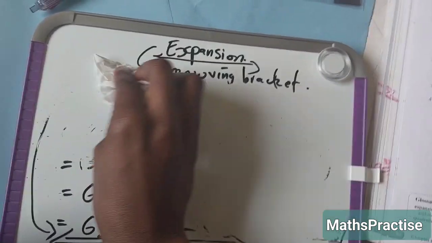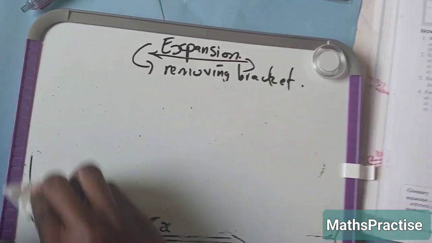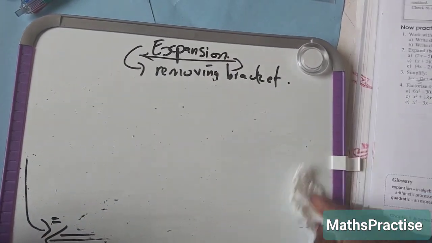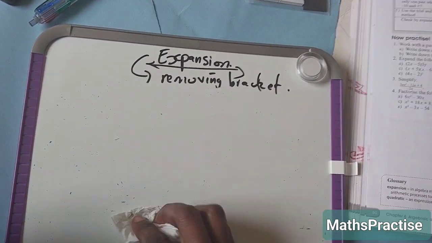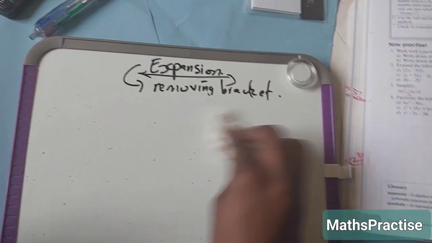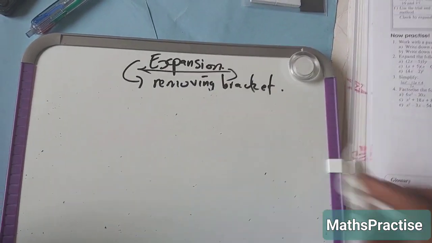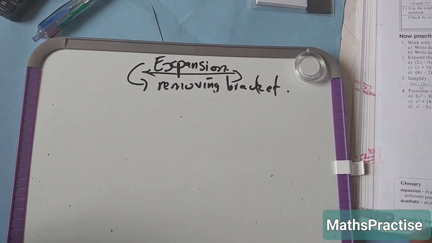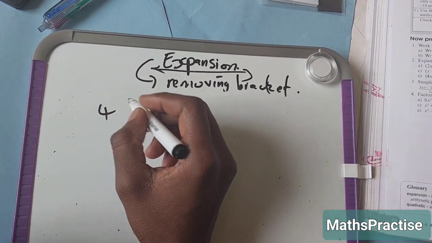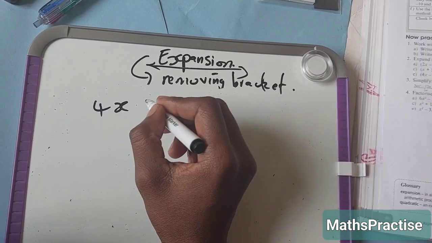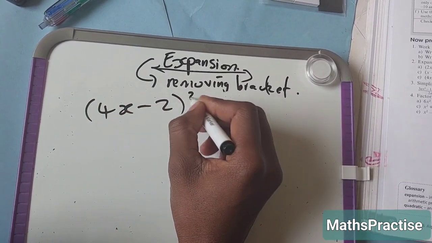Okay, so there is also another last example that I would love for you to understand. You can be given, for instance, 4x minus 2 in bracket squared.